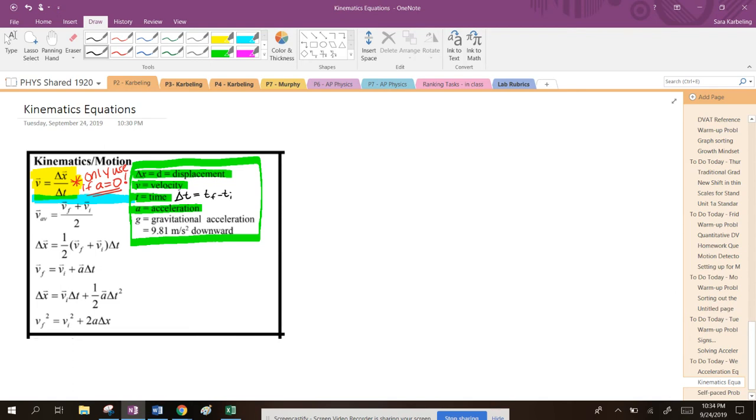So the time that it started was at 12:15 and the time that it ended is 12:17. And so you could subtract those to get your delta t. Usually when we talk about time, we just talk about the amount or the duration of time. So as long as that makes sense to you, you don't have to write it out as a delta. I just put it in there that way because that's how it is in your book.